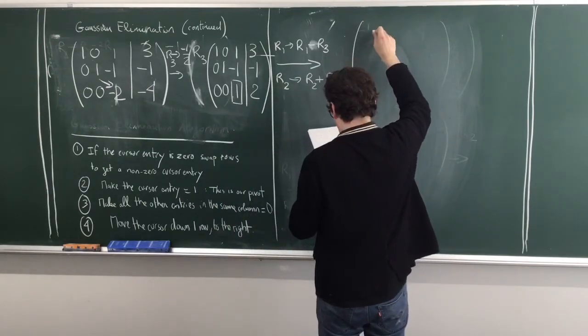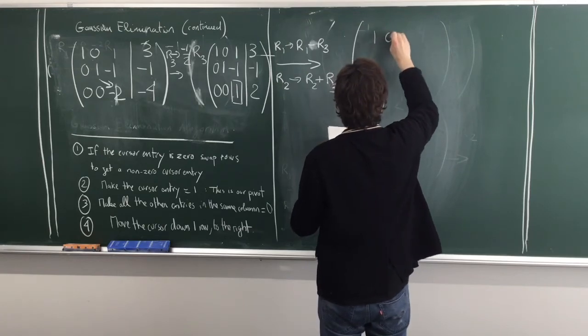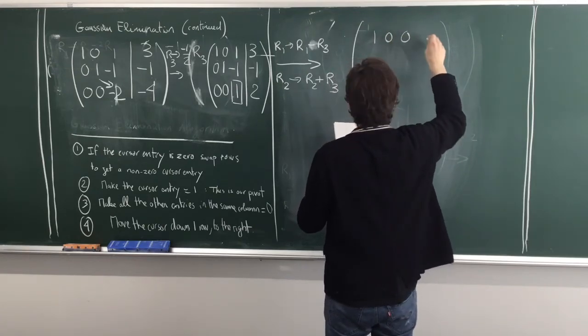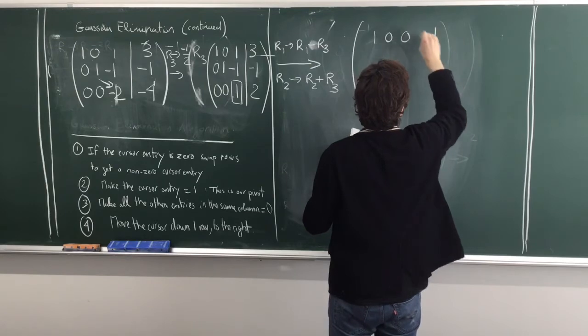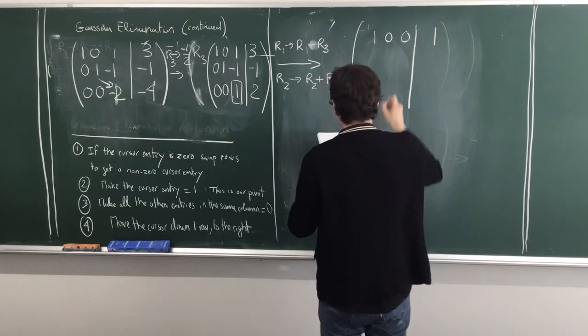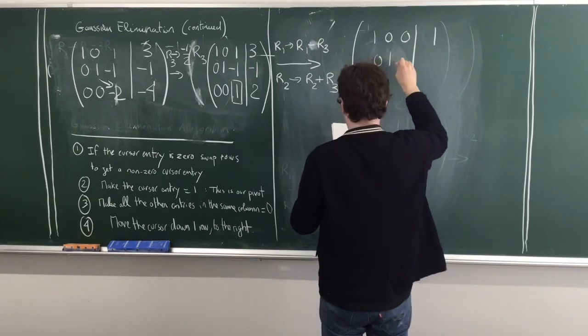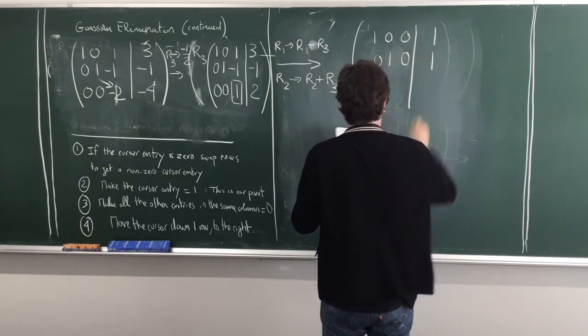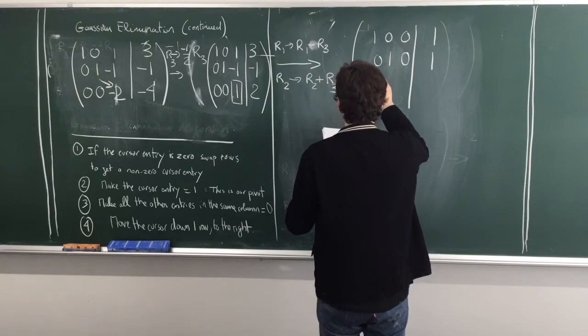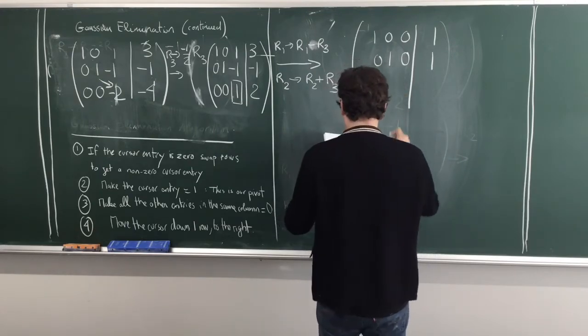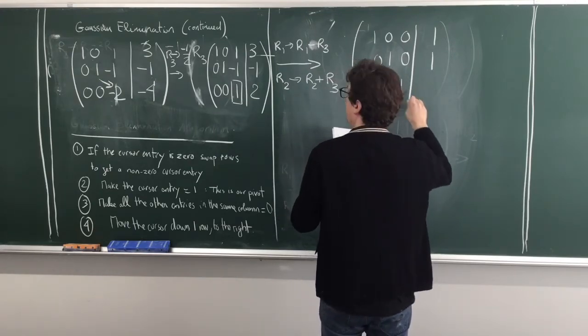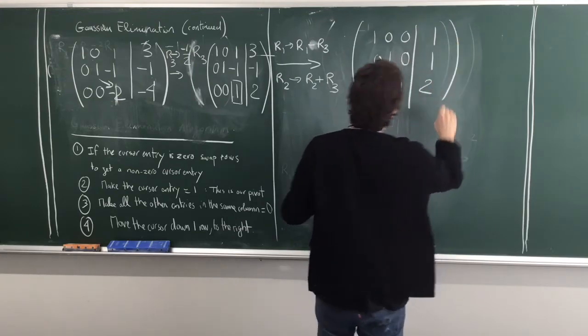Row 1 is becoming 1, 0, 0, and then 1. Then row 2 is becoming 0, 1, 0, 1. And then row 3 is 0, 0, 1, and 2, unchanged.